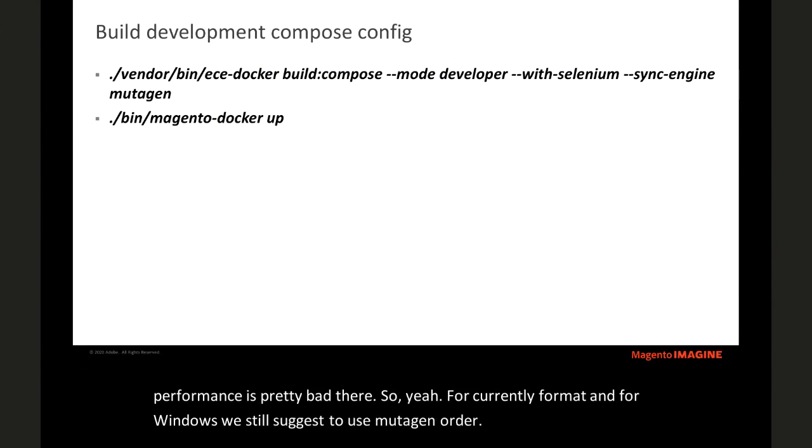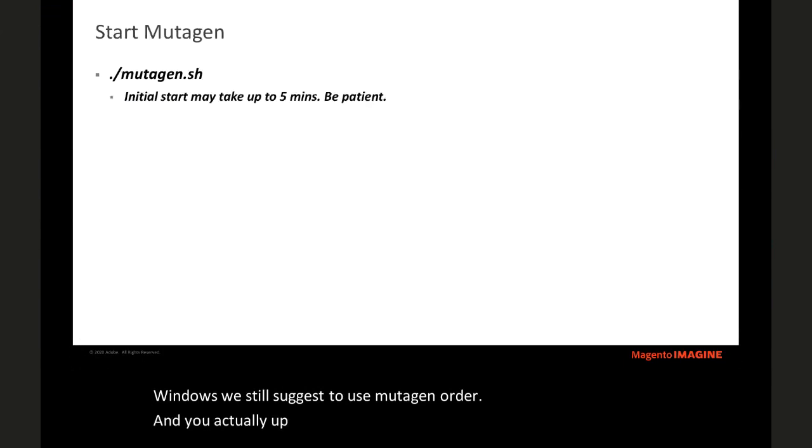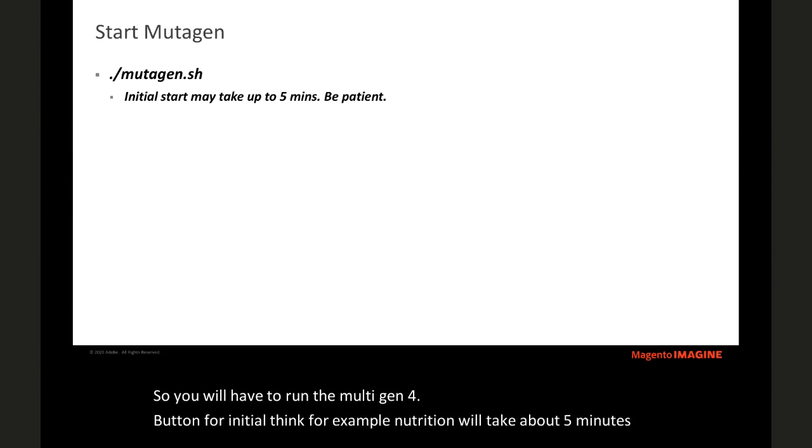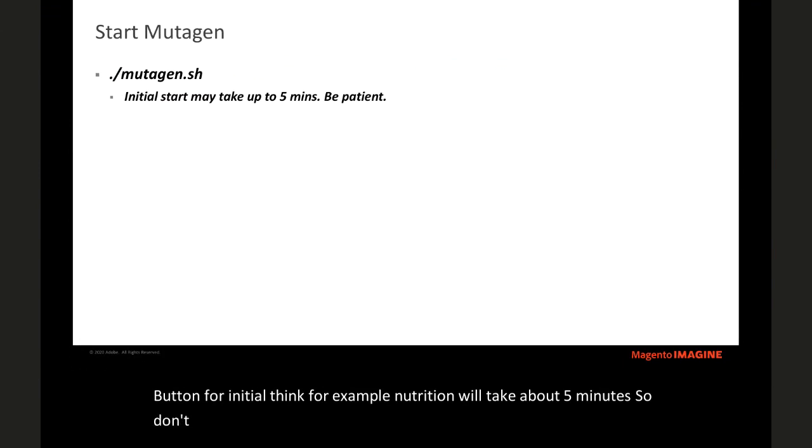And you actually add your containers. So you will have to run Mutagen or Docker sync, whatever you prefer. But for the initial sync, for example, Mutagen will take about 5 minutes, so don't rush and be patient.